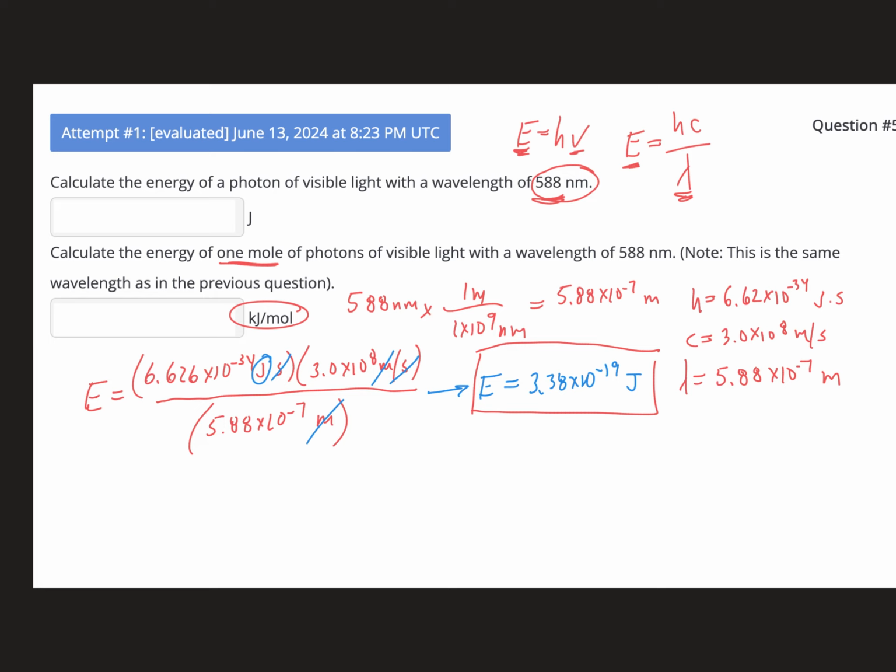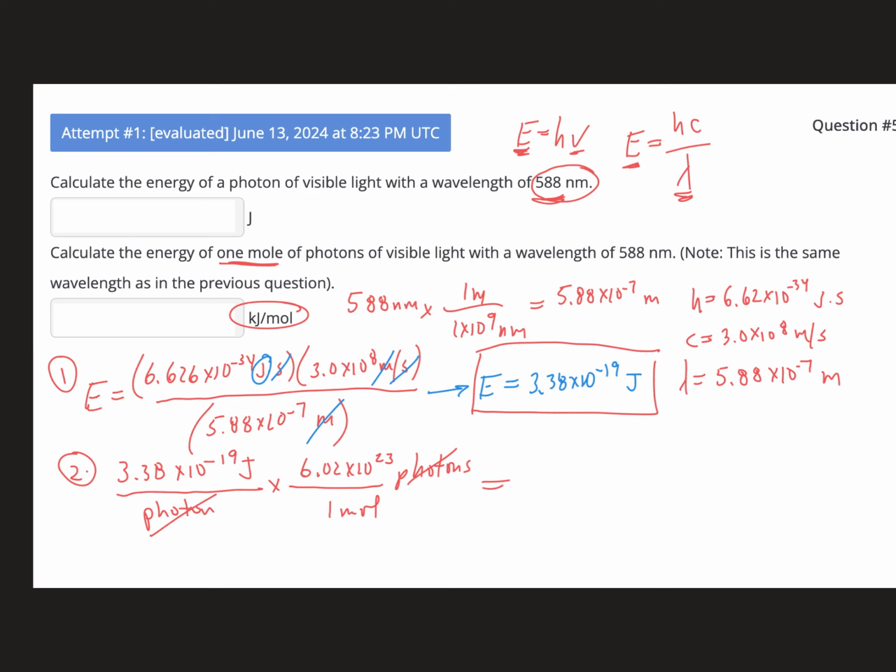So we have a single photon, so that's step 1. Step 2, right? We've got 3.38 times 10 to the minus 19 joules, and that was per photon. So if we have a mole of photons, 1 mole of anything, 6.02 times 10 to the 23 photons per 1 mole.